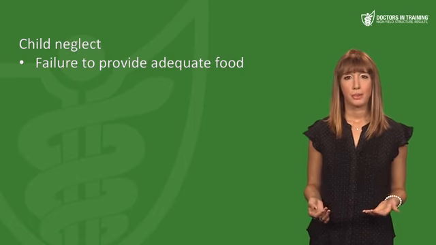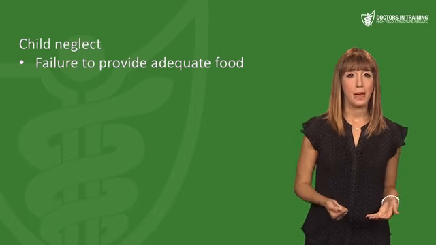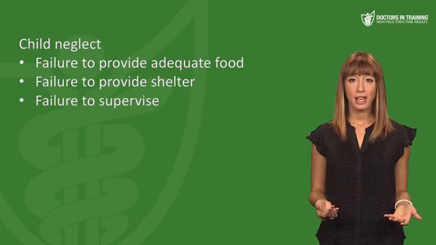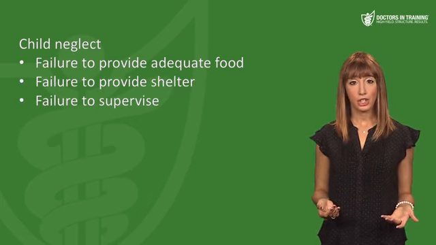And then there's child neglect, which is the most common form of child maltreatment, but could be the hardest to prove. Neglect means the failure to provide for a child's basic needs, and it can come in many forms. Failure to provide adequate food, resulting in malnutrition, failure to provide shelter, failure to supervise the child, leading to unnecessary injuries.